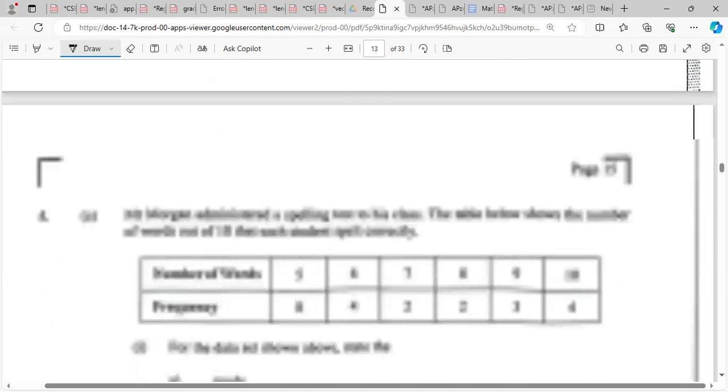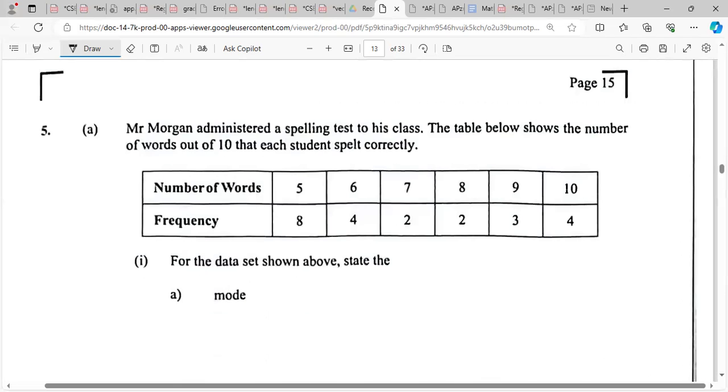Alright. Mr. Morgan administered a spelling test in his class. The table below shows the number of words out of 10 that each student spelled correctly. So we have the number of words and the frequency. For the data set shown above, state the mode.